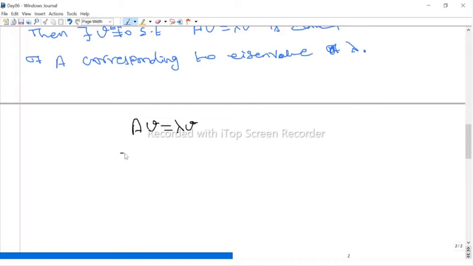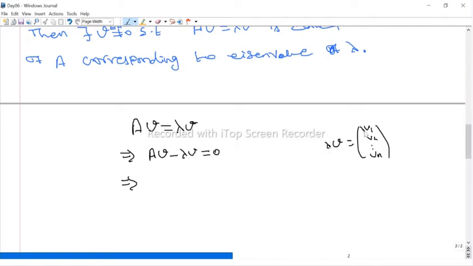Therefore, if we simplify this, we take lambda V to the left hand side and get AV minus lambda V equal to 0. Lambda V is nothing but just a vector. Suppose V is a vector with n coordinates V1, V2, up to Vn.